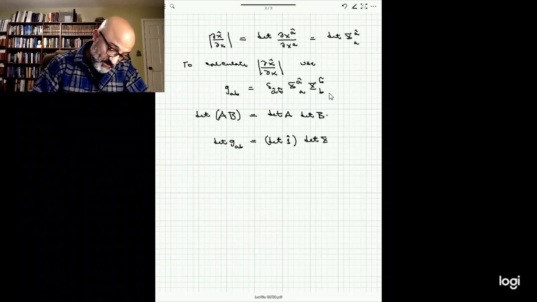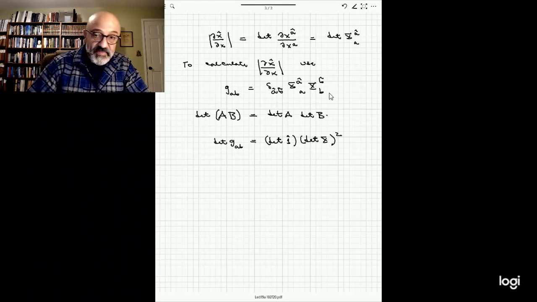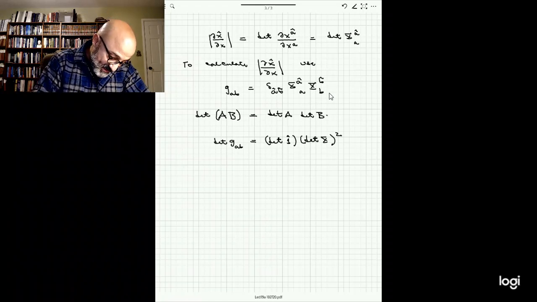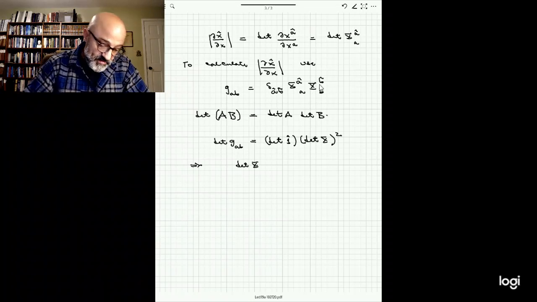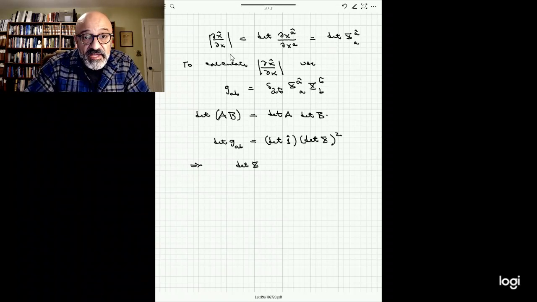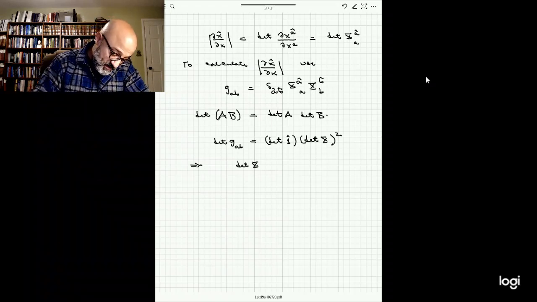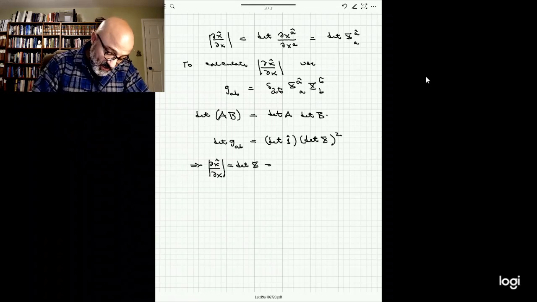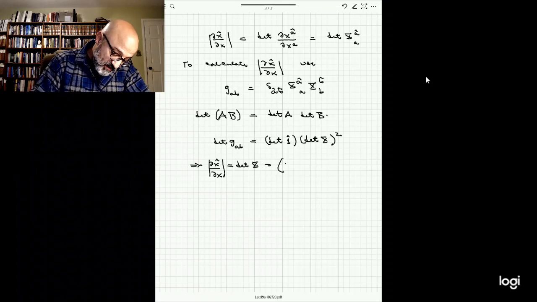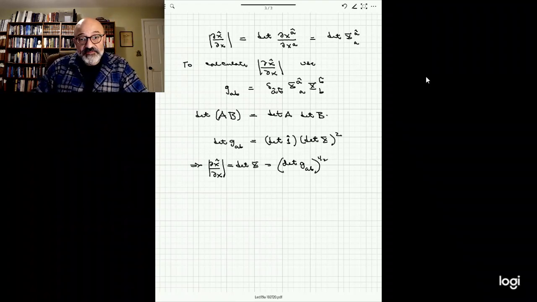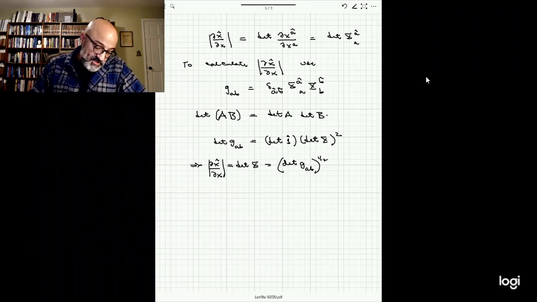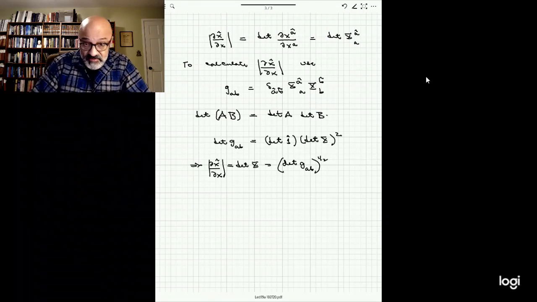And then we have the determinant of X again. So what this is telling us is that the determinant of X, which is the Jacobian we want, is equal to the square root of the determinant of the metric tensor. And this finishes the problem. We got it. We're done.